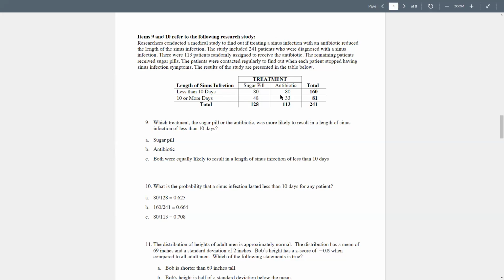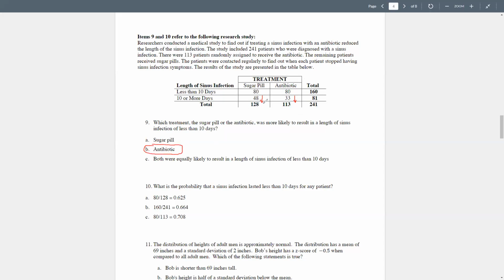So apparently you got more people going to 10 or more days with the sugar pill. See that? This one is 40 right here. More people are going to go 10 more days with the sugar pill, while fewer go with the antibiotic. So I think just like you say, it's going to be the antibiotic.